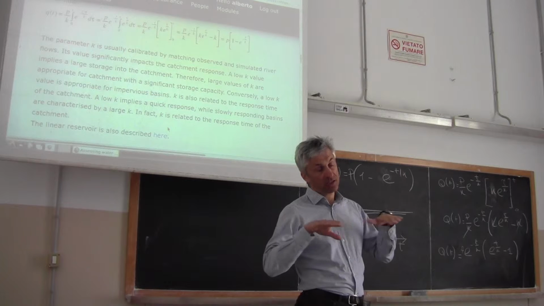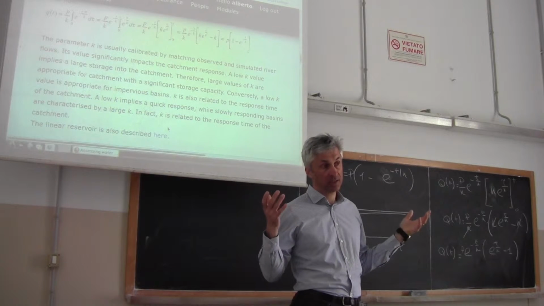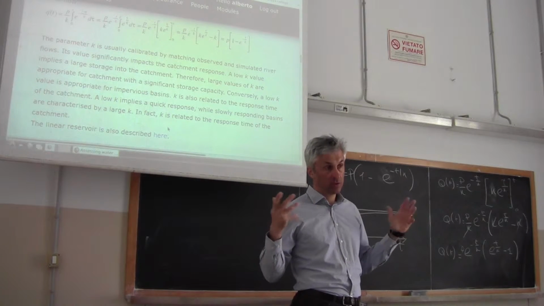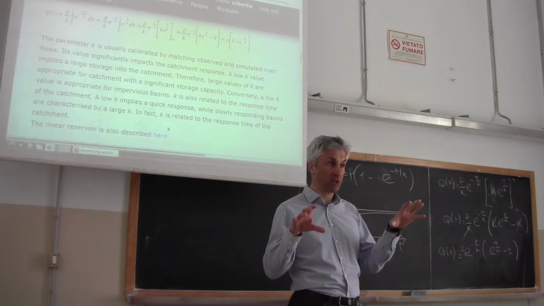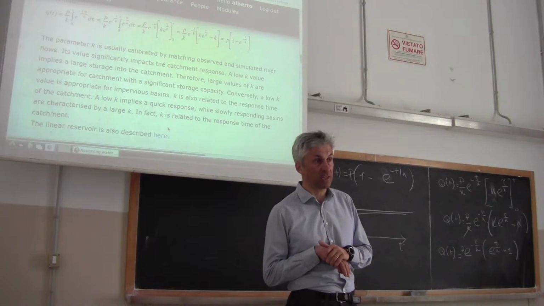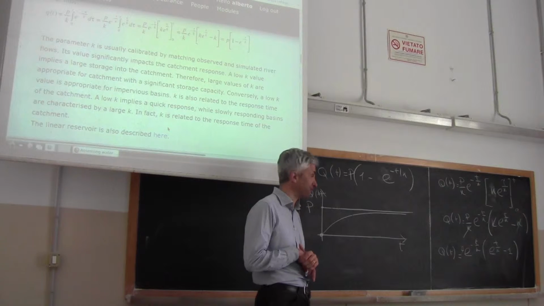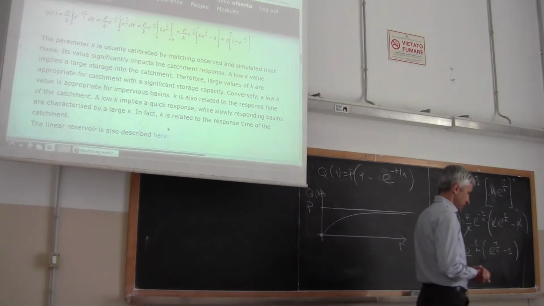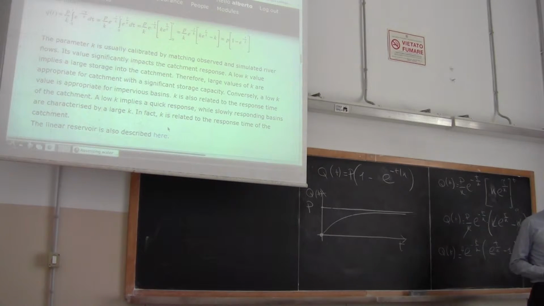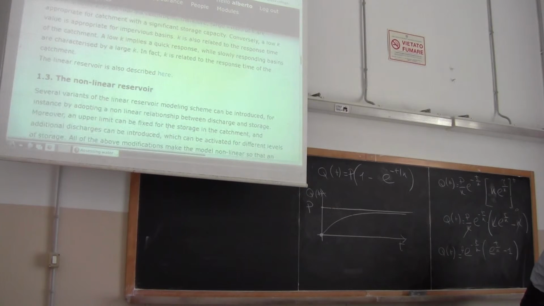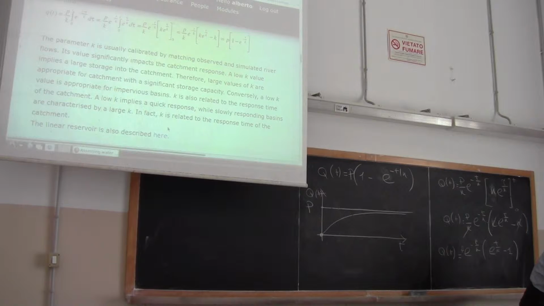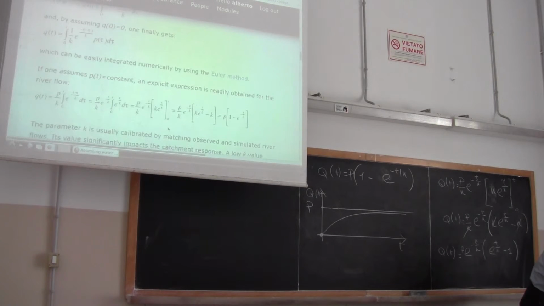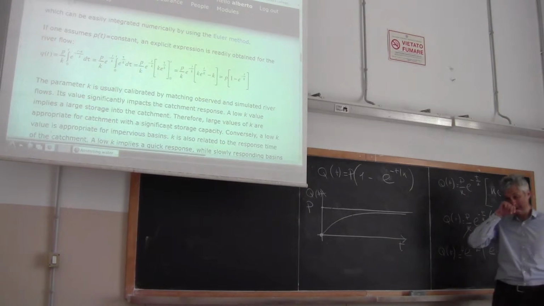And when the catchment is saturated, there is no more possibility for the catchment to mitigate rainfall. And therefore, the model is reasonable, and the graph should be, no, it's not depicted. I may add this graph, but anyway, it's simple.